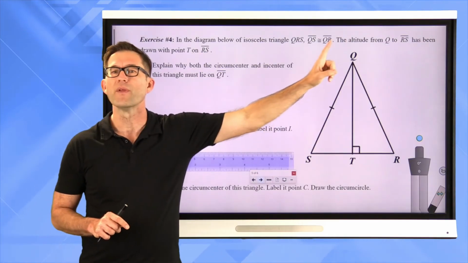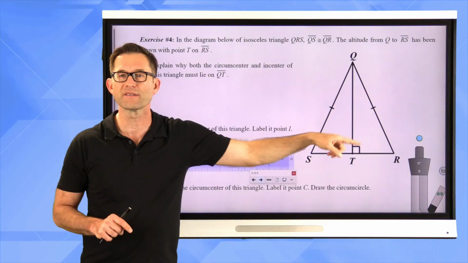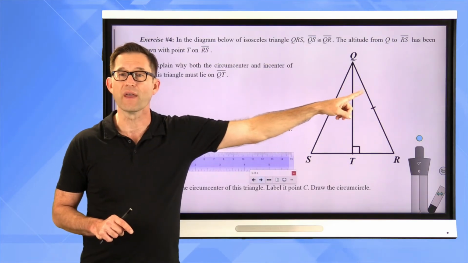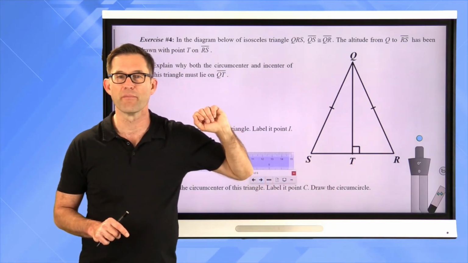Well, it's pretty simple. The altitude of an isosceles triangle from the vertex to the base is also the angle bisector, and it's also the perpendicular bisector of the base.